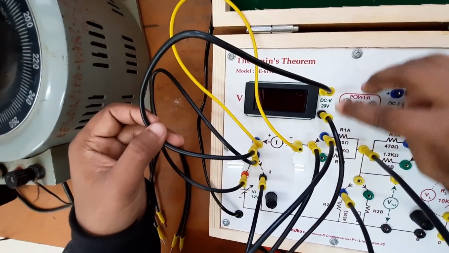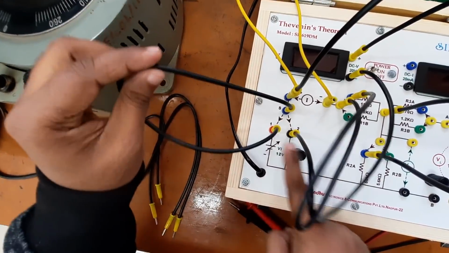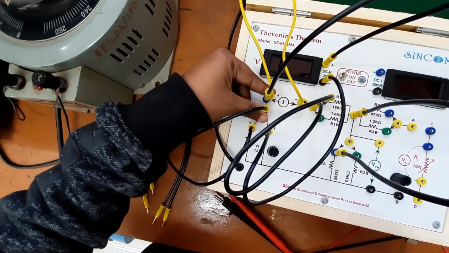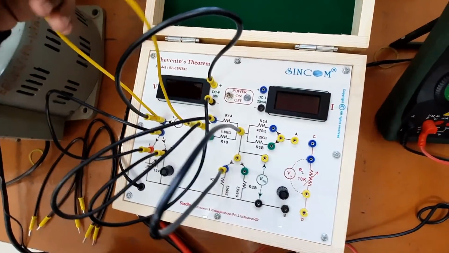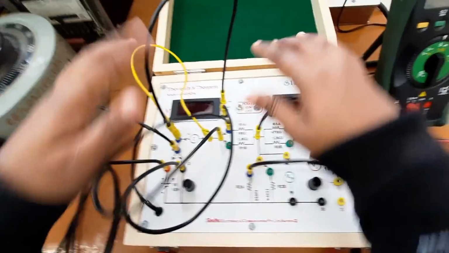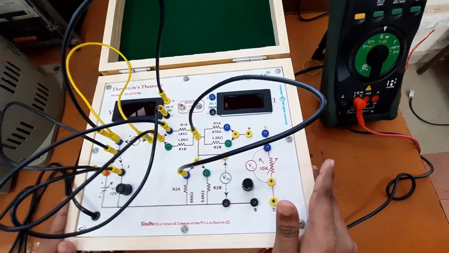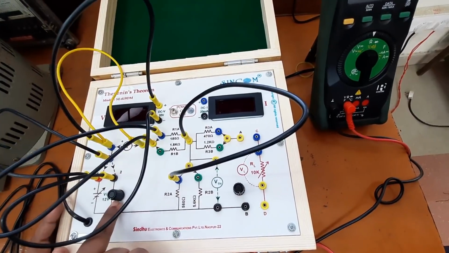It is positive, negative, ground, positive. These are shorted, so this and this terminal are the same, connected to the positive of the voltmeter. These are the connections for VTH measurement, and the knob is fully anti-clockwise.